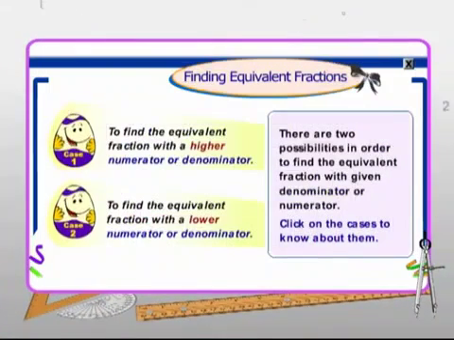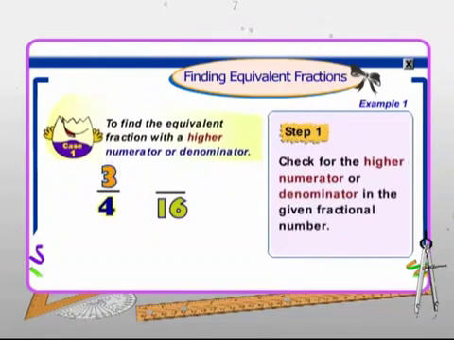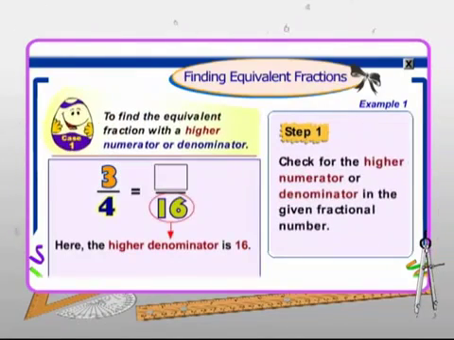There are 2 possibilities in order to find the equivalent fraction with given denominator or numerator. Let's take one by one. Case 1. To find the equivalent fraction with a higher numerator or denominator, look at the example of case 1. In step 1, check for the higher numerator or denominator in the given fractional number.